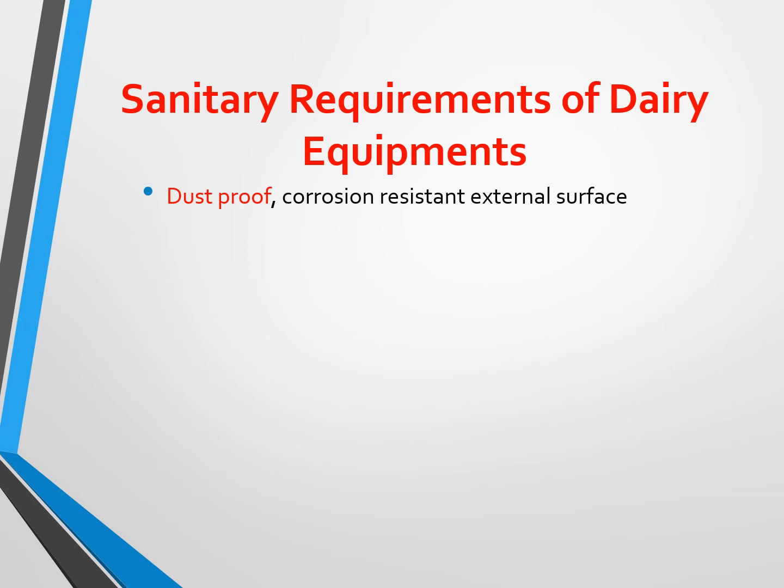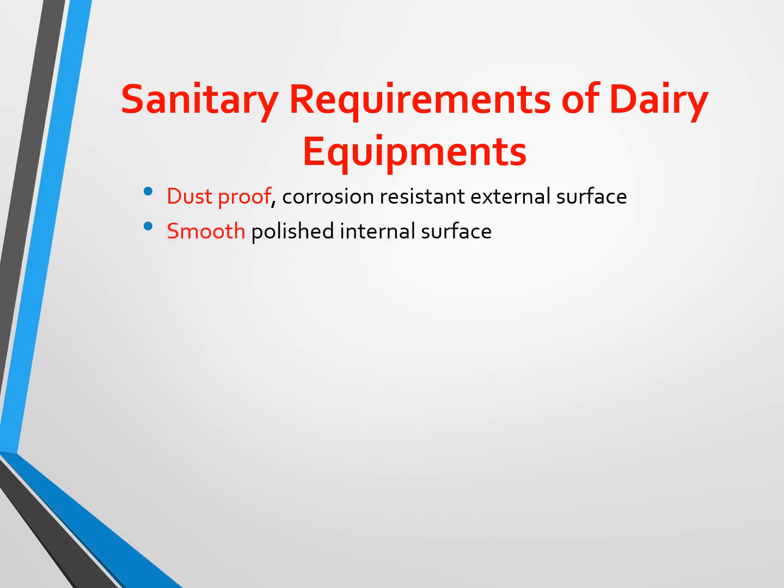So that should not happen in our industry, because ours is a food industry. Anything which is not the primary part of the product is called a hazard. Like your hairs, like pins, any plastic, that should not go with the product, otherwise it will create a health hazard, that is a serious crime. So it should be dust proof and corrosion resistant.